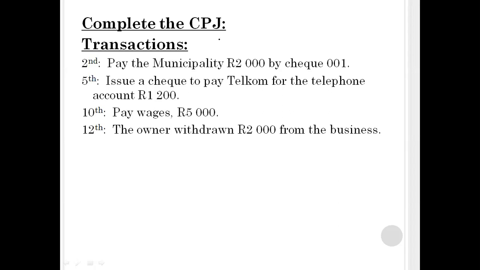Right. So on the 2nd, it is saying there, pay the municipality 2,000 Rand by check 001. Okay, so the information is the date, the 2nd. We've got the name of the business, the municipality. The amount is 2,000 Rand, and they give us the first CC, check counterfoil number 001. So let's go and see how it was entered in the CPJ.